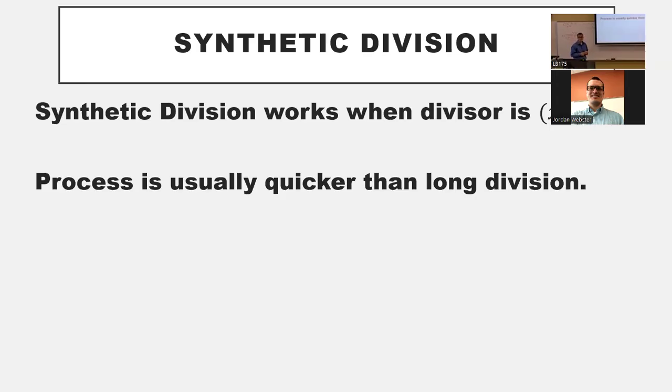But I want to introduce a new type of division. Maybe not new to some of you, but new to this class. The other type of division that we can use is called synthetic division.